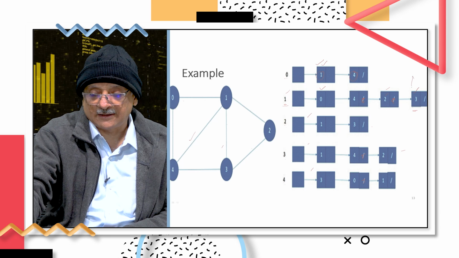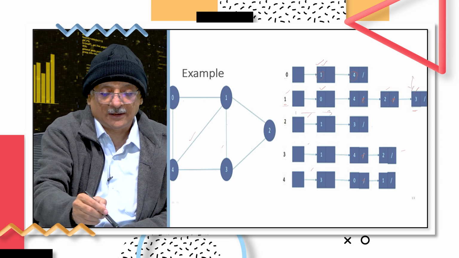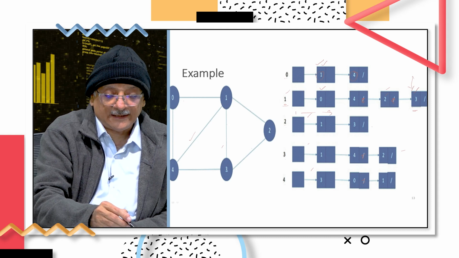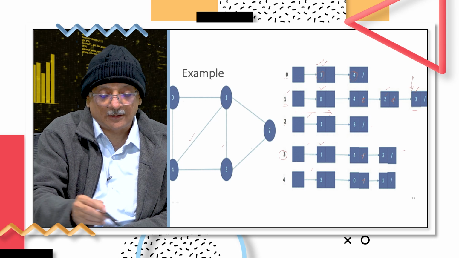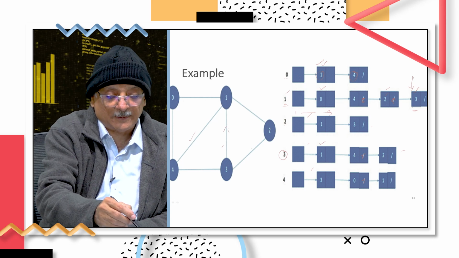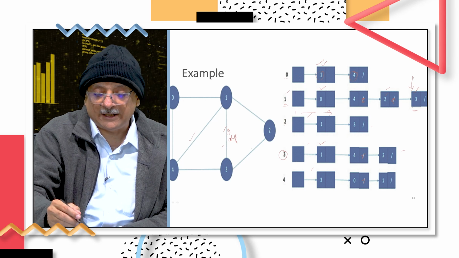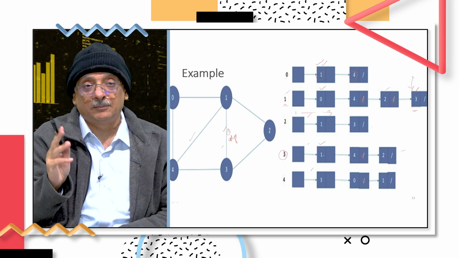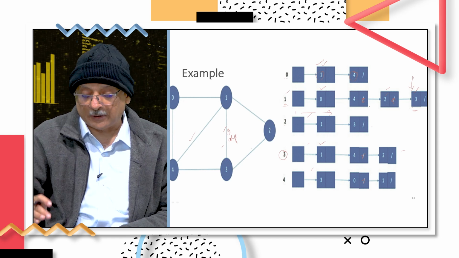This is an undirected graph, so 3 to 1 is also represented. So, how many times is this particular edge of the graph represented in this representation? 2 times, because this is an undirected graph.